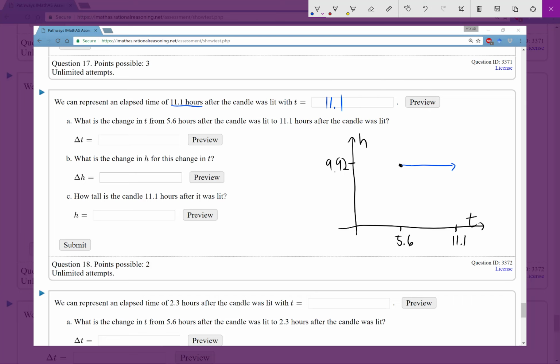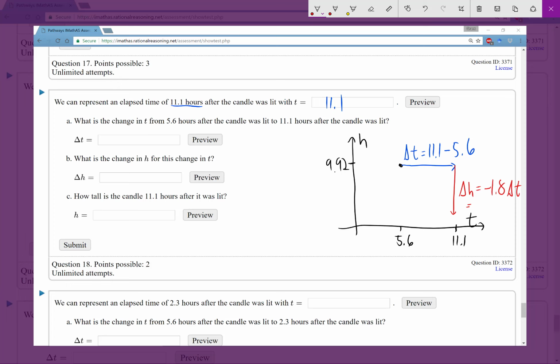Now, we know that this change in time is equal to 11.1 minus 5.6. And what we know is, since the candle burns at a constant rate of 1.8 inches per hour, the change in height of the candle, delta H, has to be negative 1.8 times as large as that change in time.